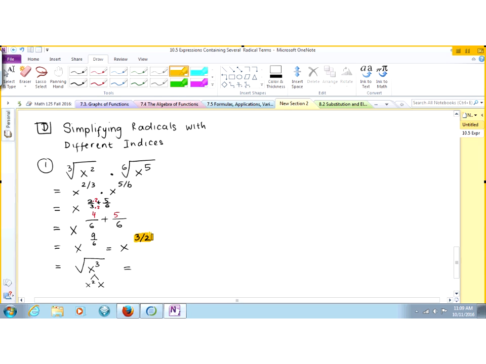So if this is greater than 1, for sure you have to take out the x, or x squared, or x cubed, depending on it. So can I factor out a perfect square from x cubed? What is it? x squared times x. Okay. So now I have to take out the x squared, it becomes x square root of x. Finish.